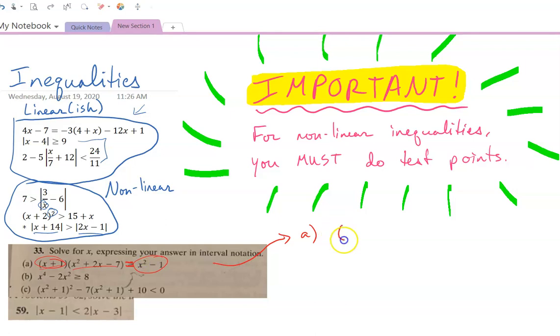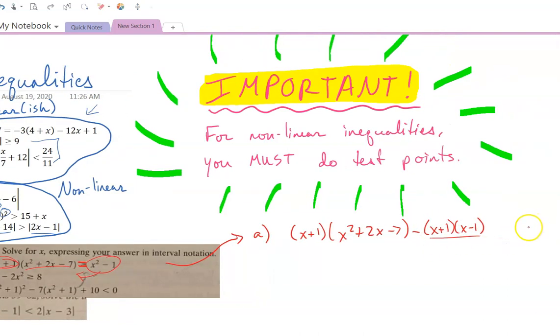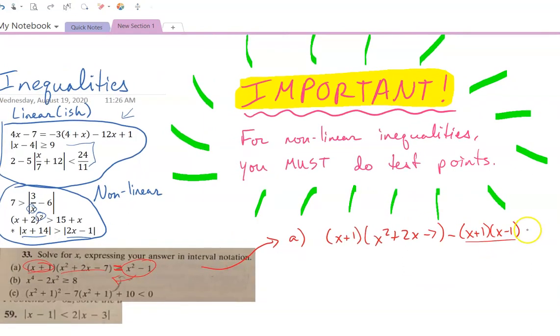So I'm going to write this as x plus 1 times x squared plus 2x minus 7, and I'm going to do two steps in one. I'm going to subtract this whole thing over to the other side, so I'm going to write minus x plus 1 times x minus 1. So this is me factoring x squared minus 1, but then I also moved it all to one side, and so this is now equal to 0, okay?